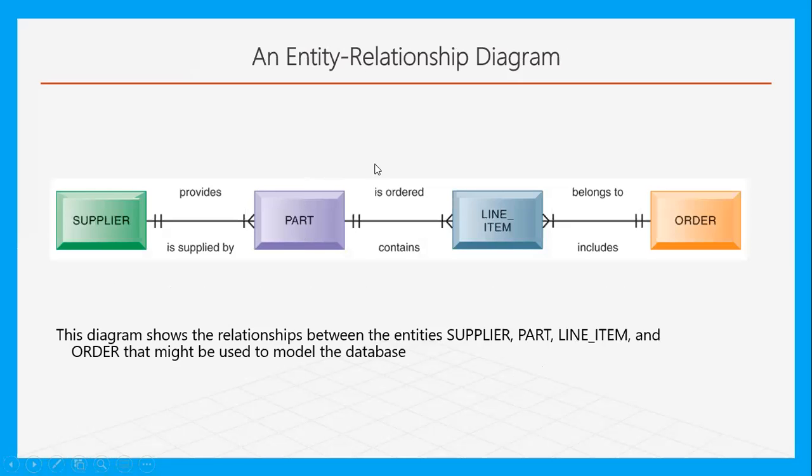So, ito po yung entity, kumbaga inayos na. Kung sa system, ito na po yan. So ito yung supplier, supplied by part, contains line item, includes order. So, supplier provides, part is ordered, belongs to order. Madali na lang po siya kapag nasa system na po.